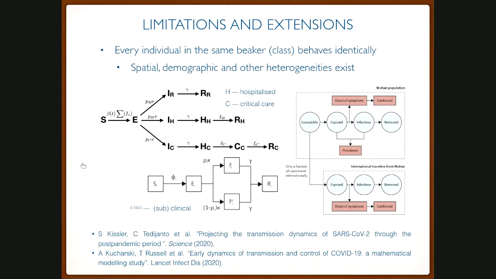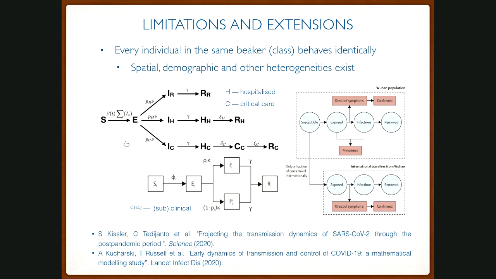Another key point I haven't spoken about is spatial heterogeneities, for example, where geography matters. It links into not having well-mixed media and also not having homogeneity. There's been a couple of studies currently which are trying to implement some of these extensions.